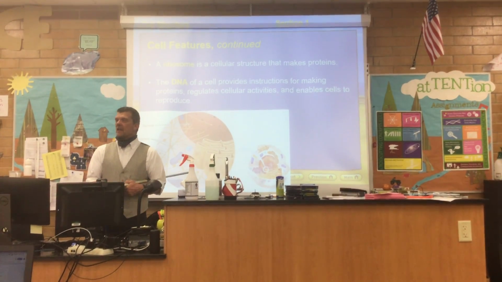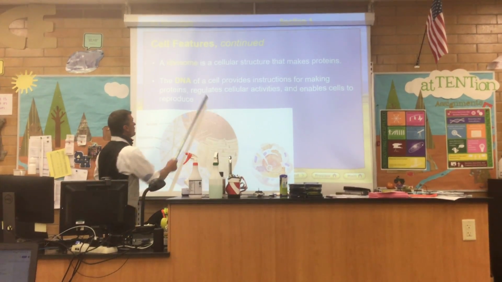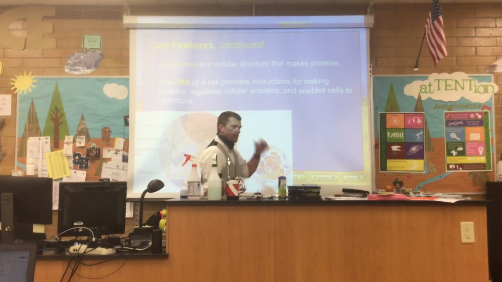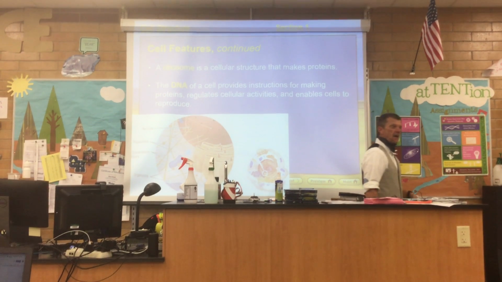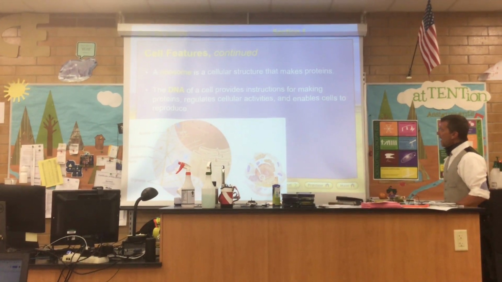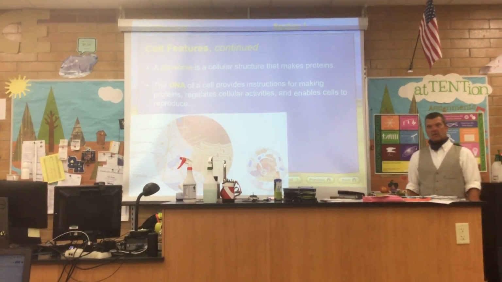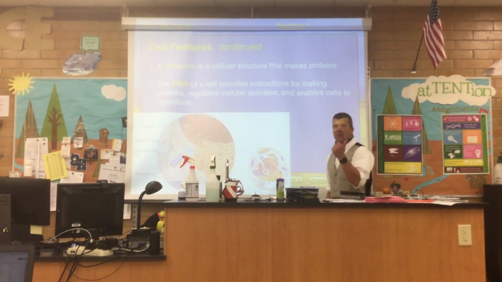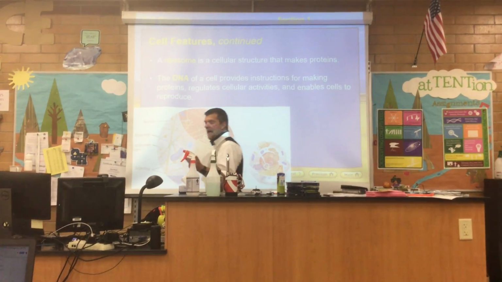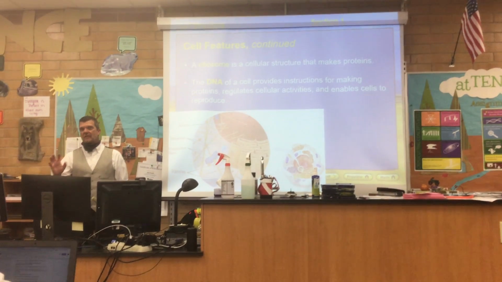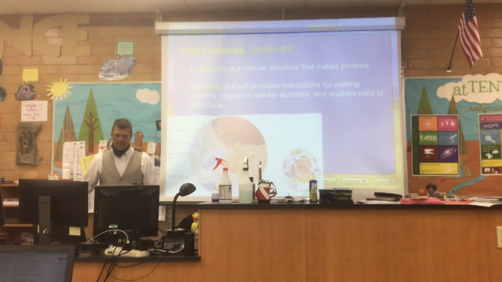All cells have something called ribosomes, which are used to build things, build proteins, so we can make more stuff. And then all cells have genetic material, DNA. Those 4 things, DNA, ribosomes, cytoplasm, and cell membrane, are the 4 main features of every single cell.